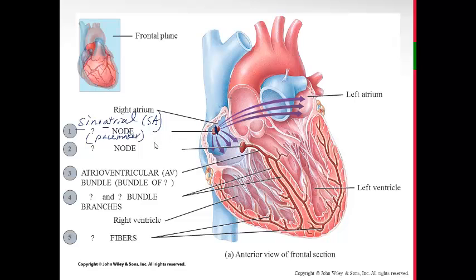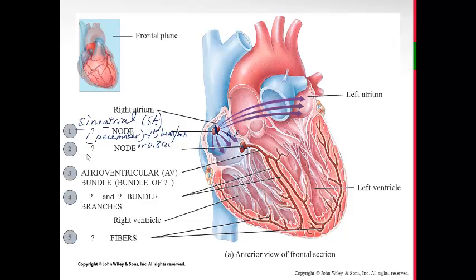So what they do is they set a tone at around 75 beats per minute, or each beat is about 0.8 seconds per beat. So that sets up the signal, and it sends these action potentials, meaning electrical signals, right, through to the second place.